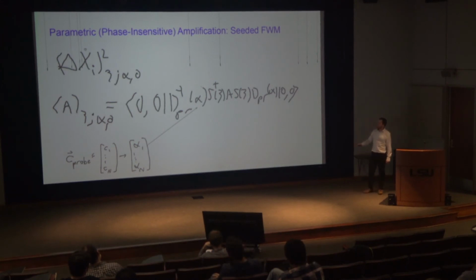In that case, for example, I'm trying to find how much any of the quadratures are squeezed. Then you are making a calculation involving this operator algebra, and your conjugate is vacuum, but your probe is now displaced to being a coherent state. As a result, you have parametric phase-insensitive amplification.